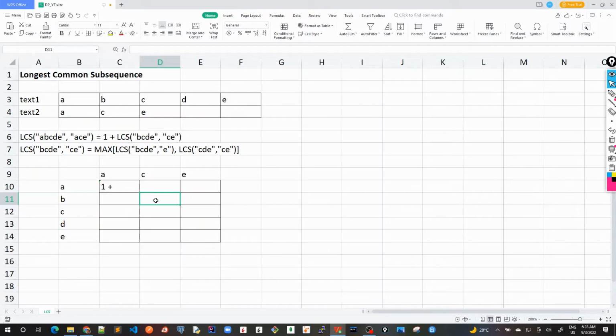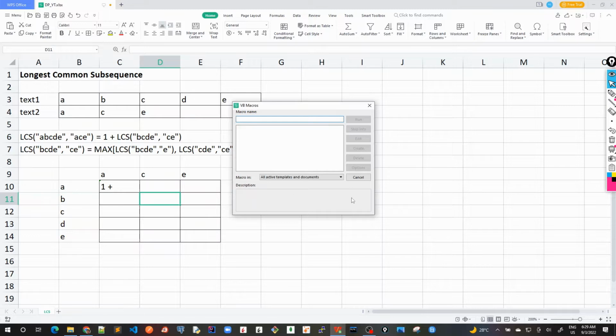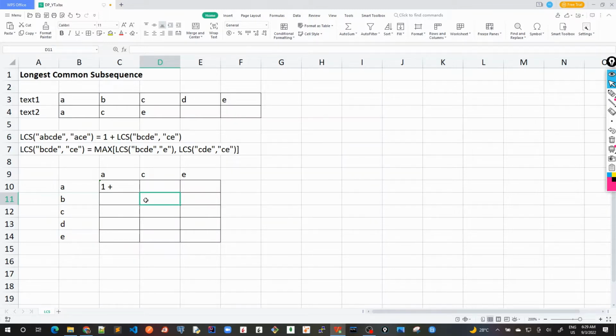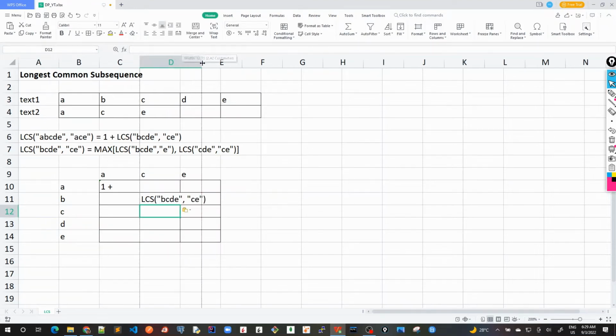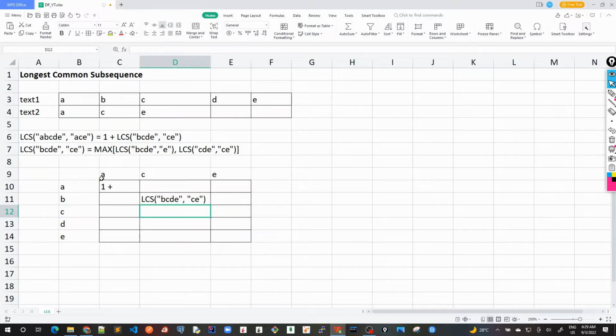So it's just like the diagonal one when the character matches. If I mark this as LCS of B, C, D, E and CE, this is what the number is here. So this A and A would be 1 plus this number.